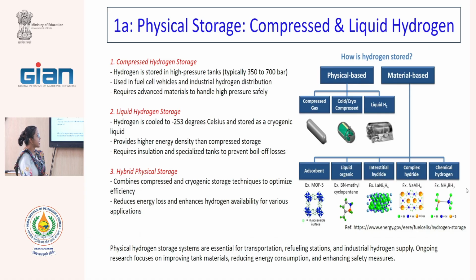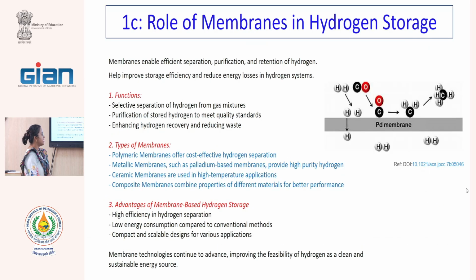We can have compressed gas in a very highly sealed container. Also, we can have it in a cryogenic container like this. Or otherwise, if we are having a material based, then we can have it in form of MOF or adsorbent or liquid organic or industrial hydride, etc. So, these are the options which are more common, chemical and physical storage.